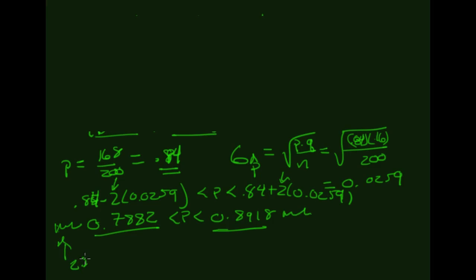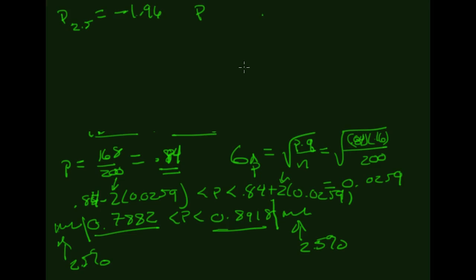So I want 2.5% of the error over there, 2.5% of the error over there, which means I want these numbers to be between the 2.5th percentile and the 97.5th percentile. The 2.5th percentile you can get by using the inverse norm on the calculator, and it happens to work out to negative 1.96.